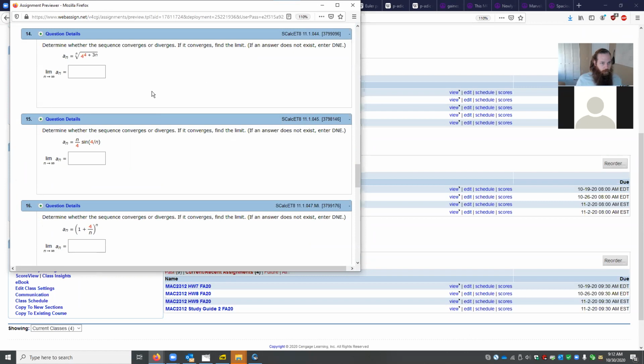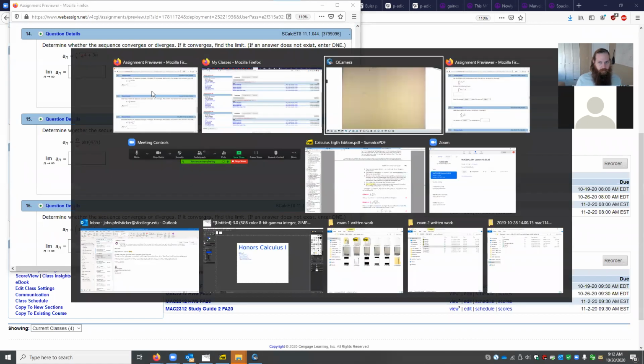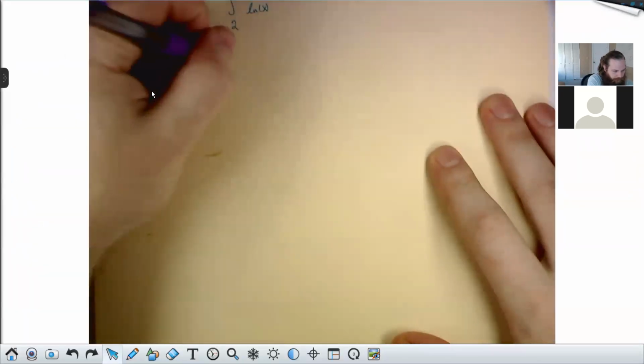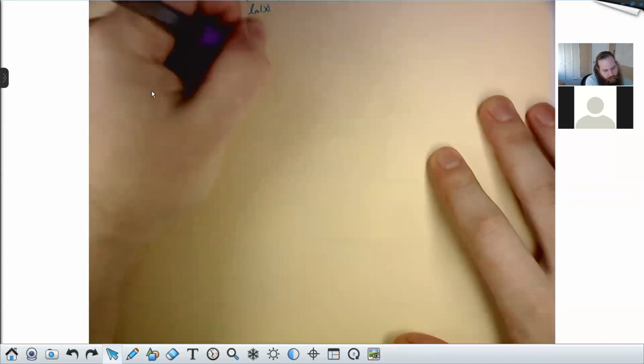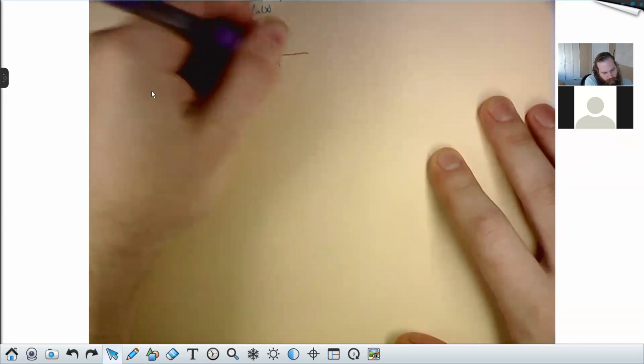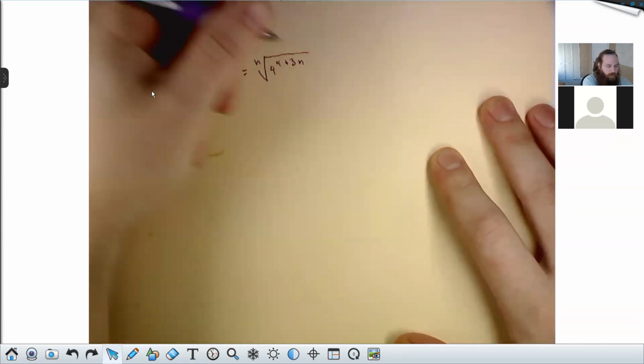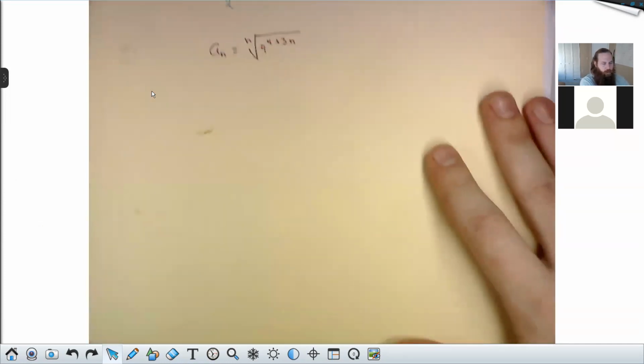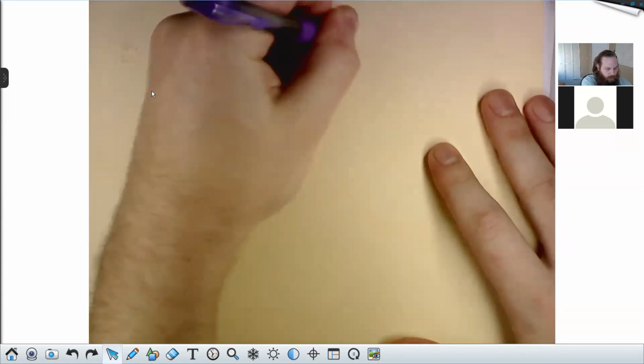It's the nth root of 4 to the 4 plus 3n. And we want to know, does the sequence a_n converge?